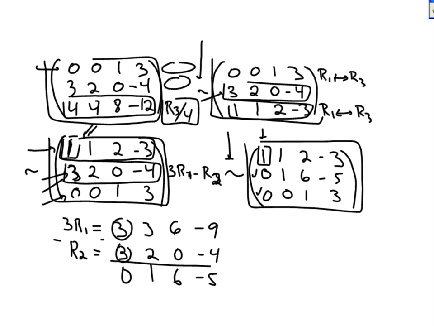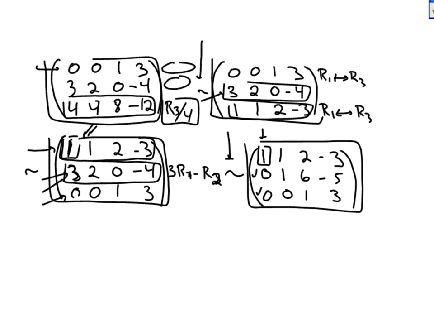And for the record, the first matrix is row equivalent to the third matrix. The first matrix is row equivalent to the fourth. The second and third are row equivalent. They're all row equivalent. Okay, let me get rid of my side work here.